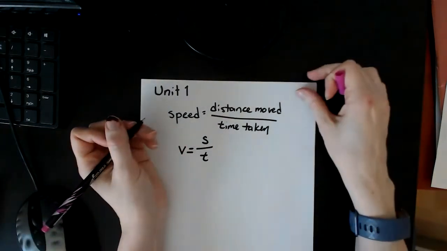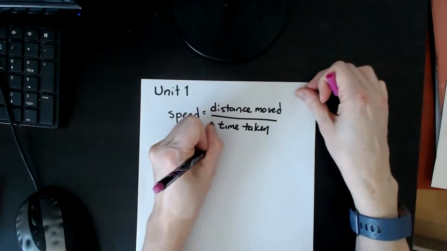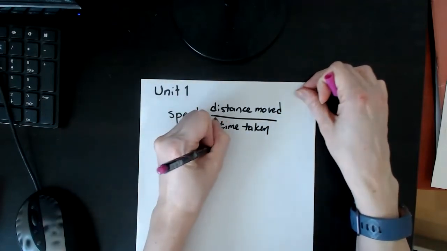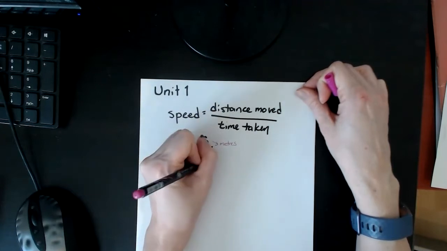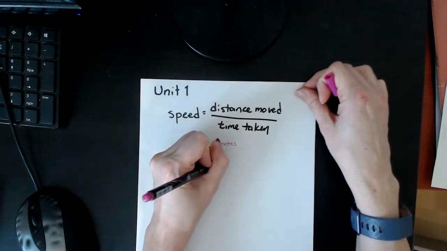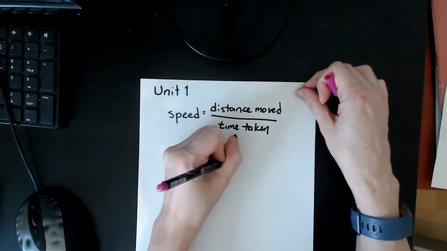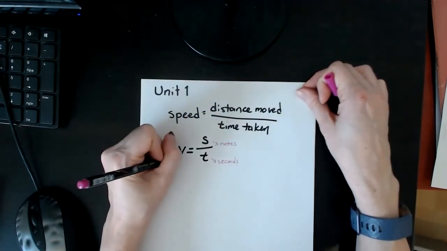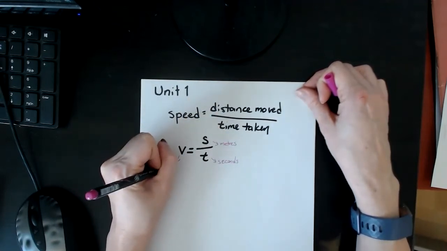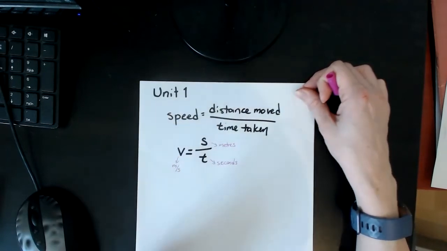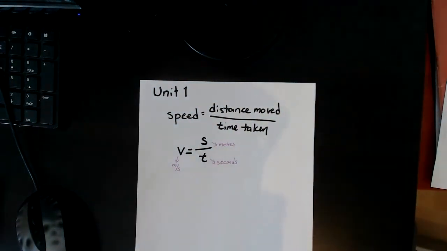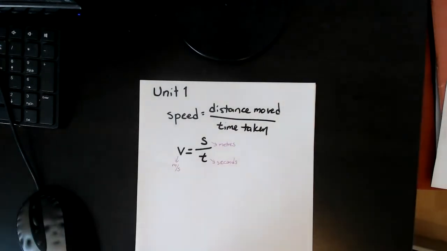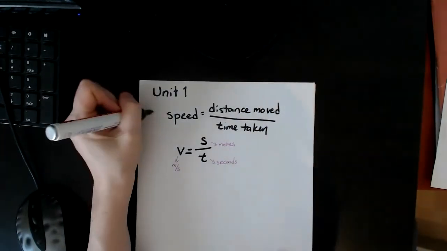So the distance here is always in meters, and the time is always in seconds. So that means that the speed or the velocity is going to be in meters per second. All right, so that's your first basic equation. Not new, but please take note of the units.